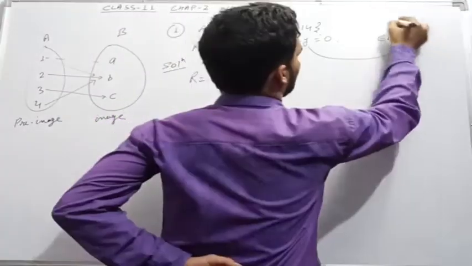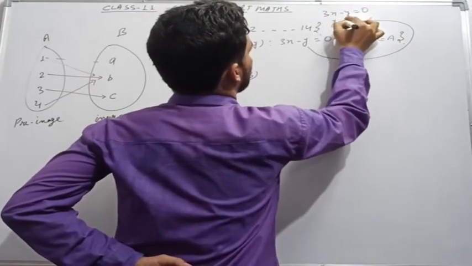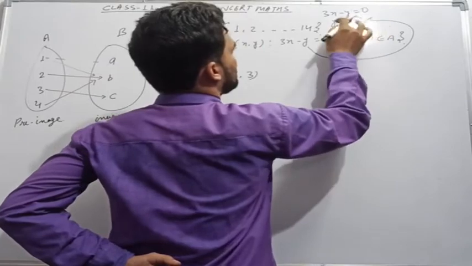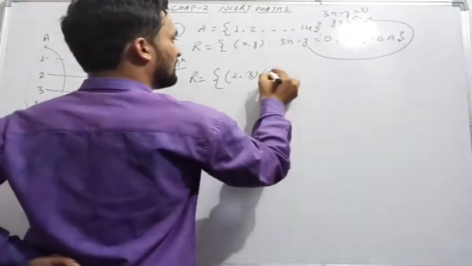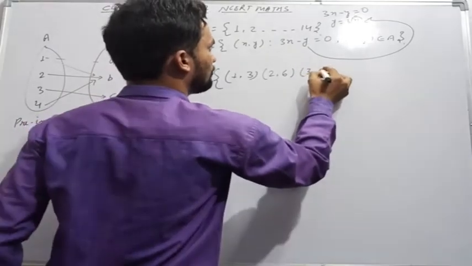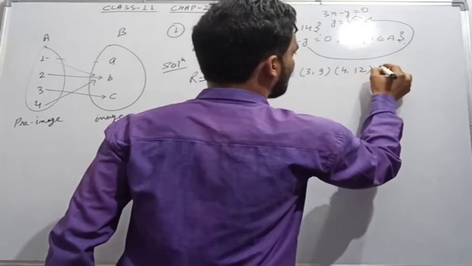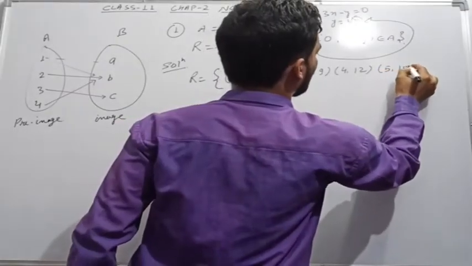Don't be confused, I am writing here 3x minus y equal to 0. So as you know, y equal to 3x. If x equal to 1, then y equal to 3. If x equal to 2, y equal to 6. If x equal to 3, y equal to 9. If x equal to 4, y equal to 12. If x equal to 5, y equal to 15.